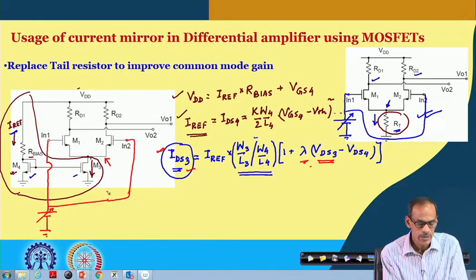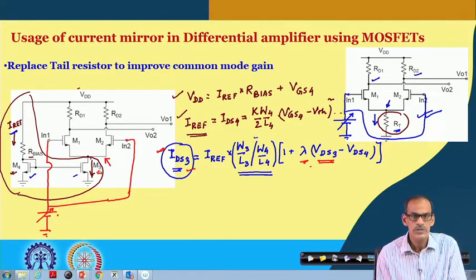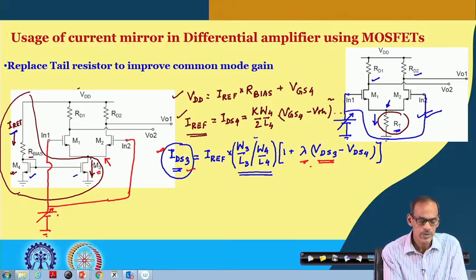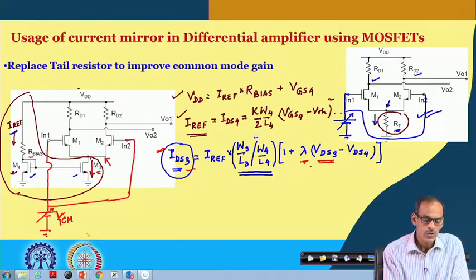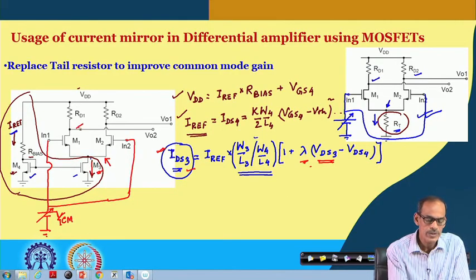So, as long as this voltage is such that transistor 3 is in saturation region, the quiescent current hardly depends on this common mode voltage, V common. And if this current is not changing, then of course the DC voltage here and here are also not changing.